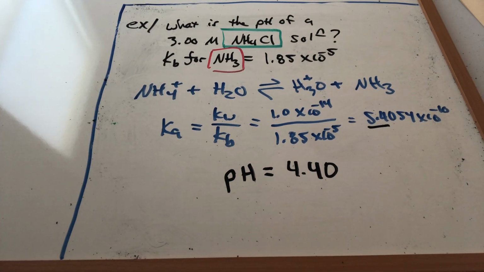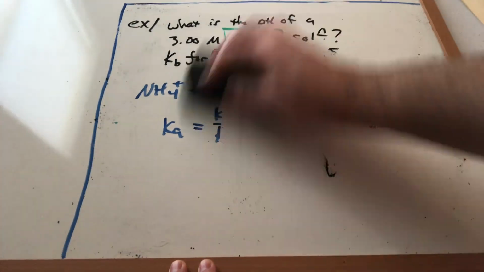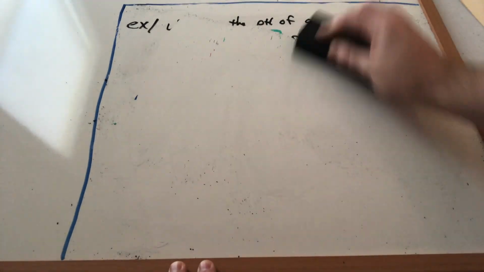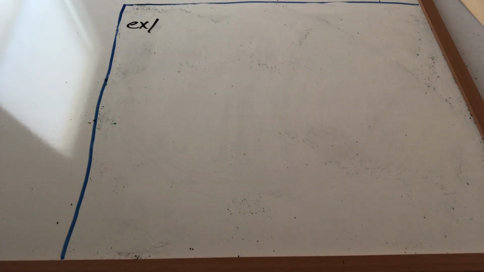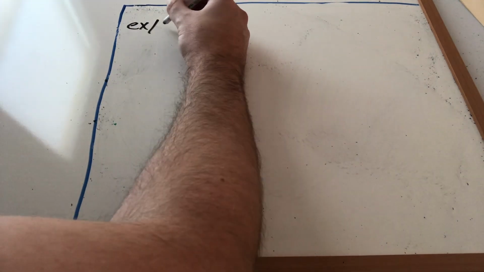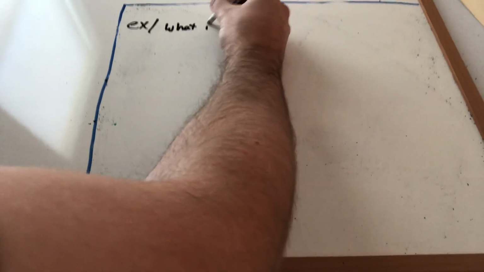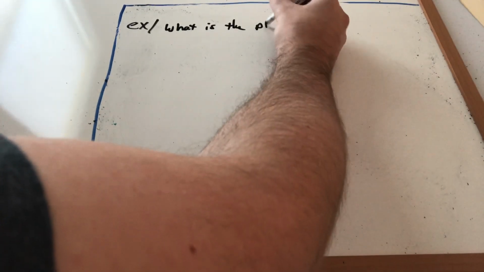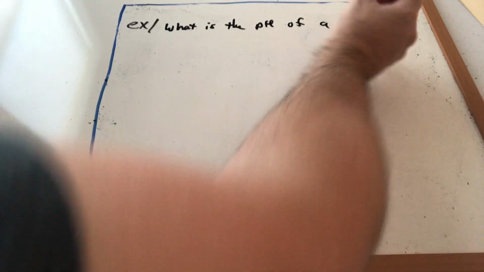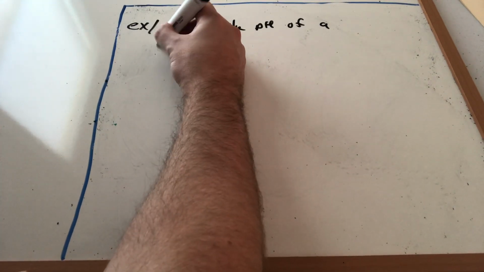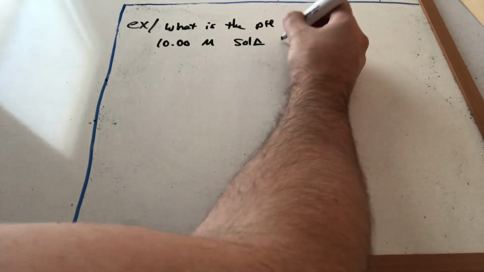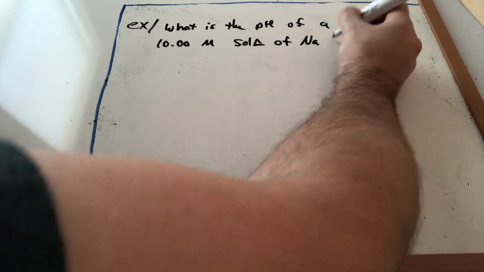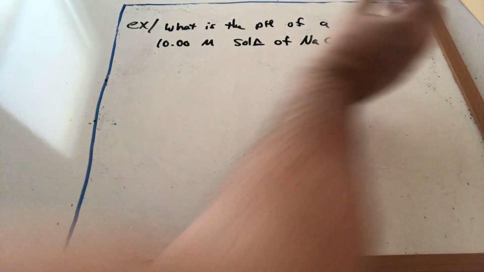All right. One last example is an easy example. But it's only easy because you do the appropriate recognition at the top. What is the pH of a 10.00 molar solution of NaClO4?